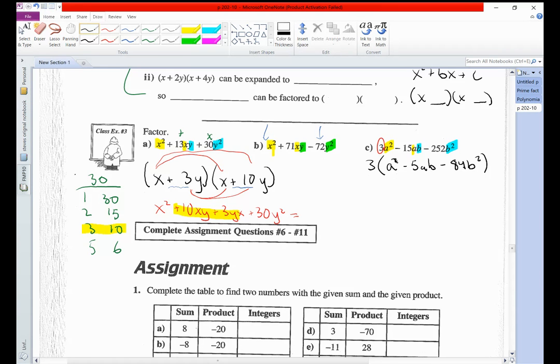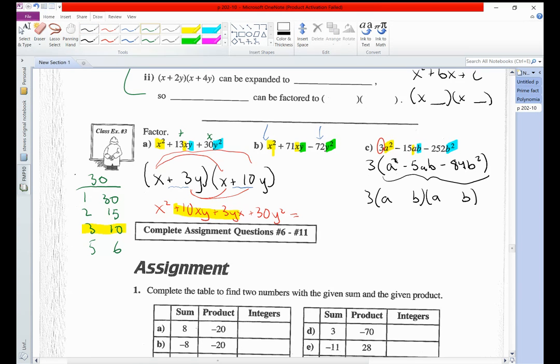So we've successfully factored out 3, and we've turned this trinomial into a form where we can factor it. So it's going to be 3, and then we're going to have two terms, a multiplied by a and b multiplied by b, but we've got to figure out the numbers.